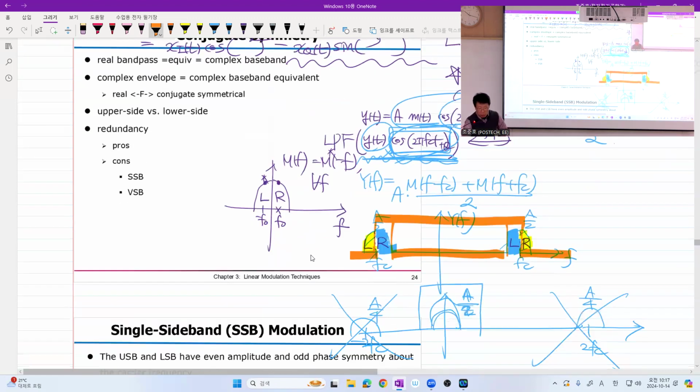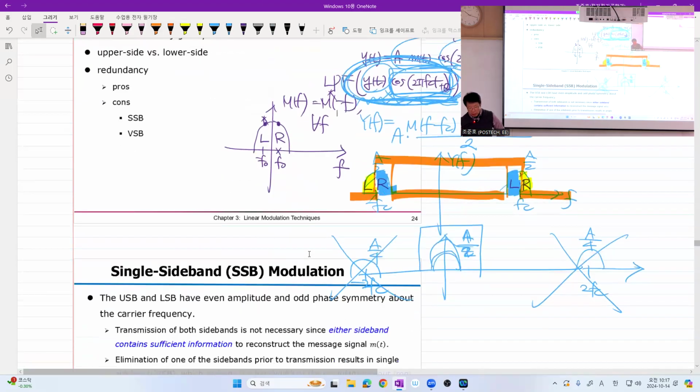Suppose we can still use a coherent demodulator. Then what happens? As you've seen, y of t times cosine 2 pi fct, this thing is right shifted, which means that you have this one and that one. See that?